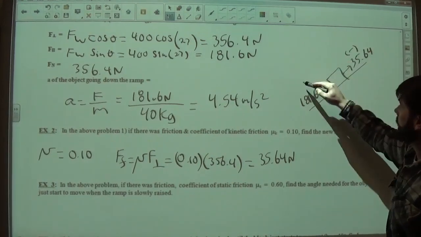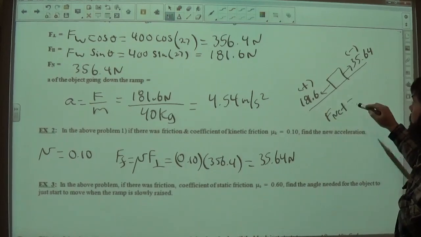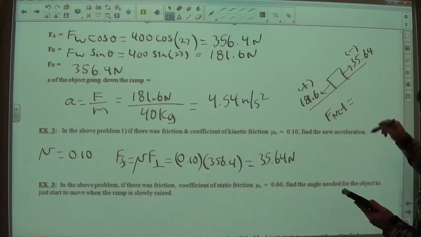So consider one a positive and the other a negative to figure out your net force, because that's what we really want. So the net force is equal to that 181.6, which we used in the previous example because there was no friction, and I'm going to subtract 35.64.